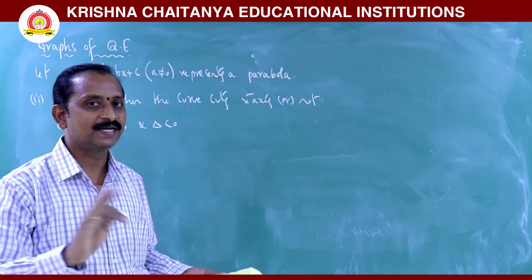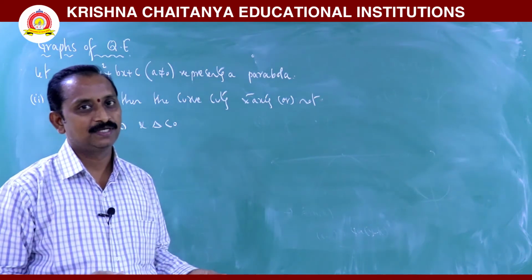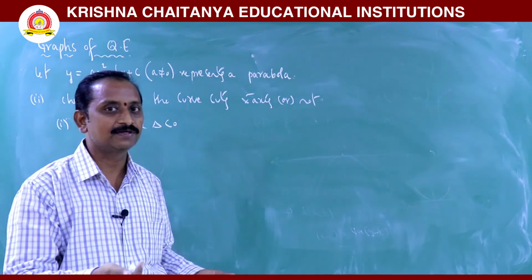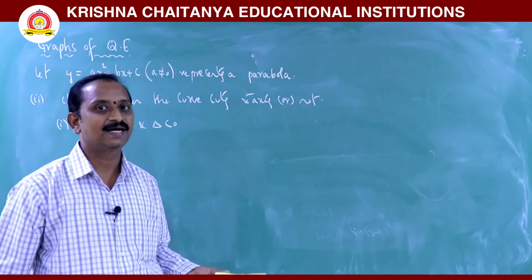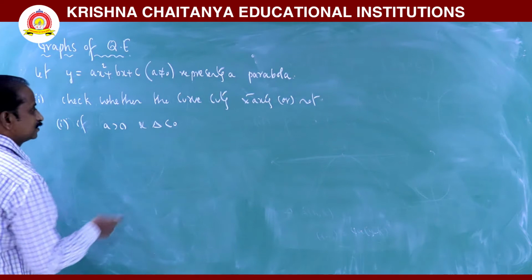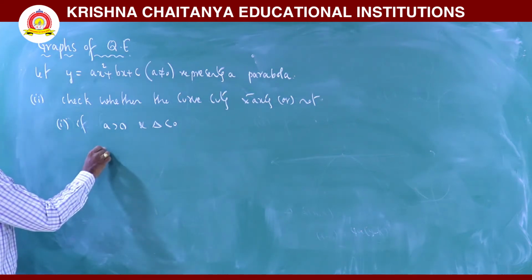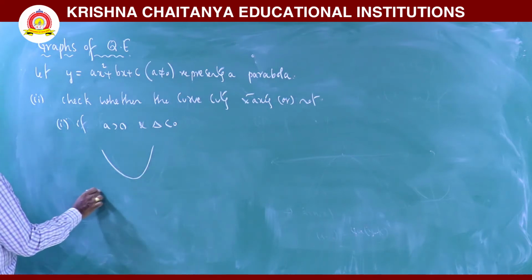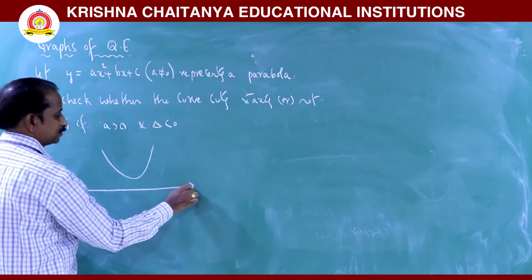That means it doesn't have real roots. If it has real roots, it intersects. If it does not have real roots, it does not touch or intersect the x-axis. The shape of the curve is like this, open upwards, this is the x-axis.